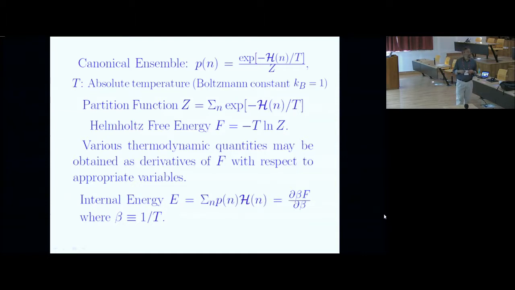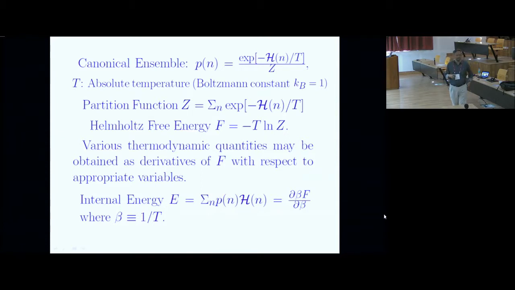I am putting kB equals 1; kB is the Boltzmann constant. And this partition function Z is the normalization condition. It's basically the sum over all microscopic states of the exponential of minus energy divided by kBT.